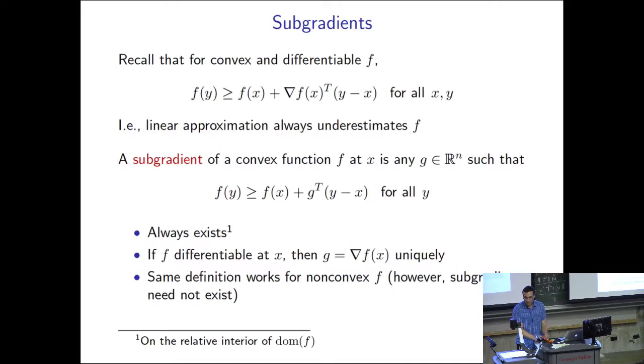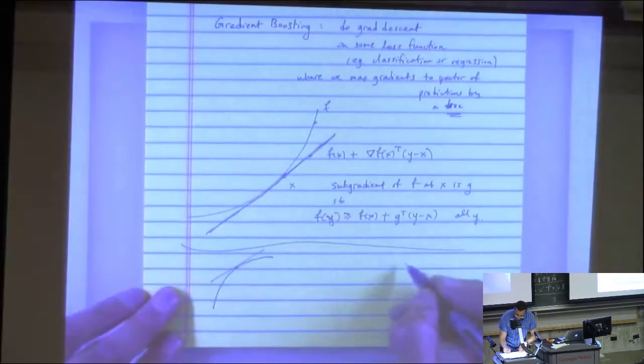So let's see if somebody can give me an example: a non-convex function, even differentiable, that doesn't have a subgradient at some point. Yes, concave functions will definitely fail for us. We can define an analogous quantity for concave functions that is a global overestimate of the function, but certainly we won't have the property that we're desiring.